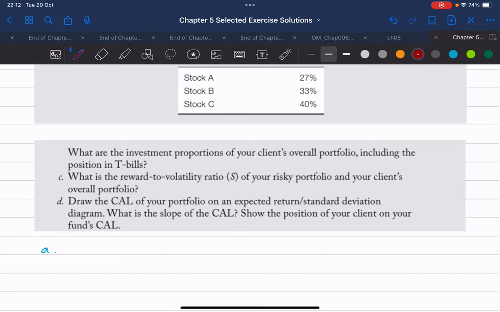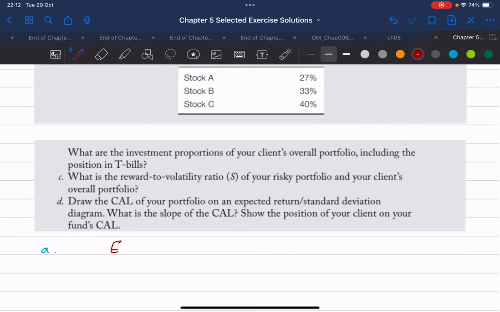We said that to determine the expected rate of a portfolio that is made up of at least two components or more, we multiply the expected rate of return of each component of the portfolio by its weight within the portfolio, right? So let me just write down the formula to remind you.